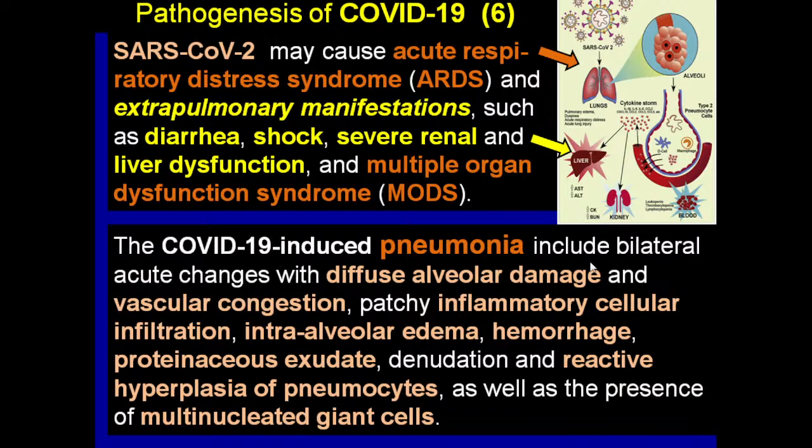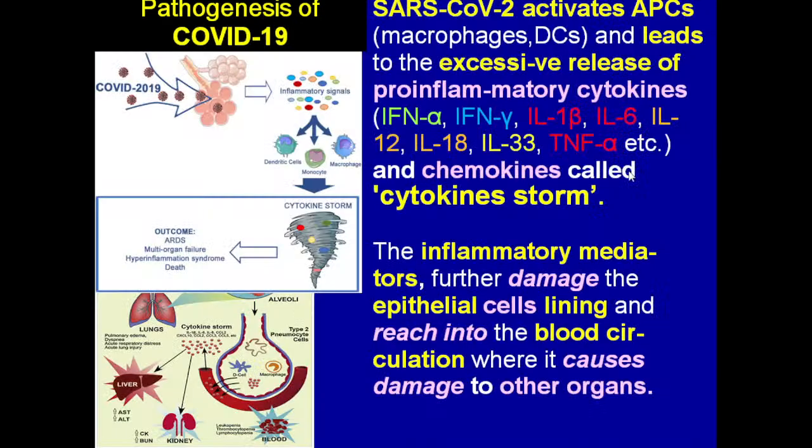By the way, if we are talking about pneumonia caused in the lungs, it includes bilateral acute changes with diffuse alveolar damage, vascular congestion, patchy inflammatory cellular infiltration, intraalveolar edema, hemorrhage, proteinaceous exudate, and denudation and reactive hyperplasia of pneumocytes, as well as the presence of multinucleated giant cells that may act as cytopathic effect of the virus.